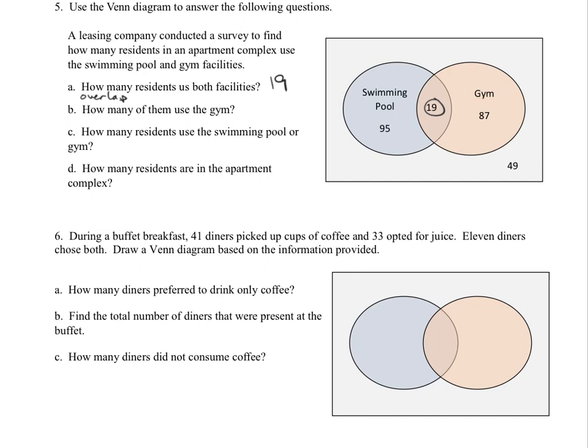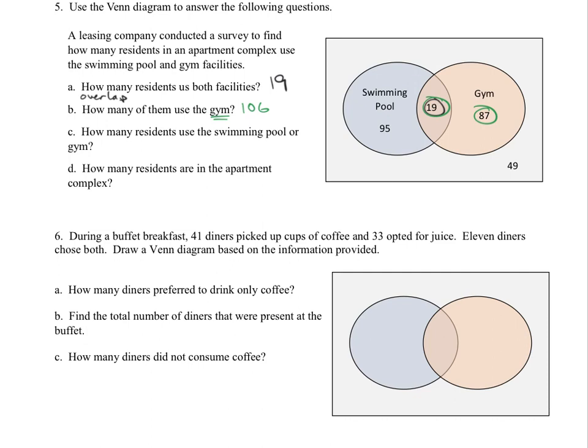So if you're looking to answer something for just one of the bubbles, you have to include both numbers. And so 87 plus 19 is 106 total people use the gym. It's okay that some of them use the pool too. We are just asking the question, how many use the gym?